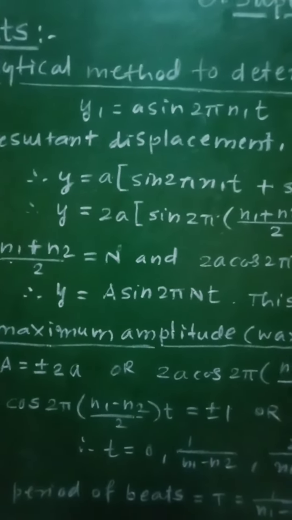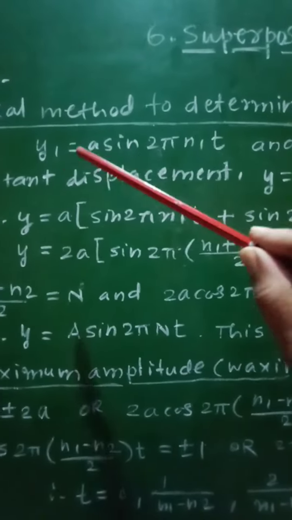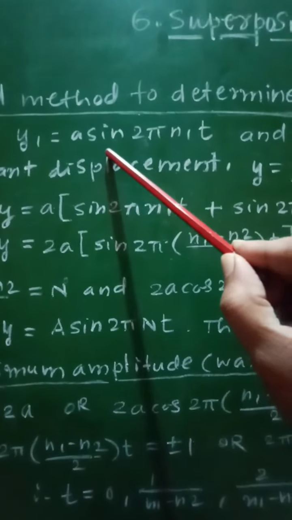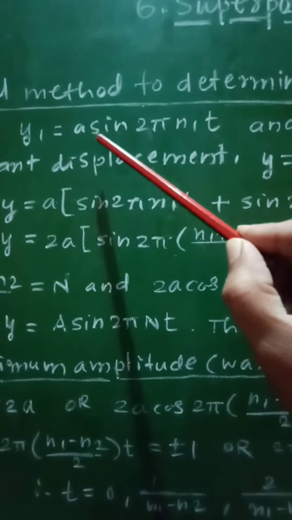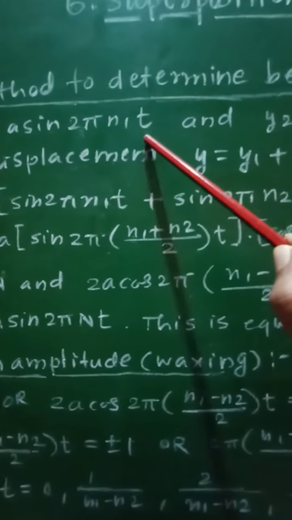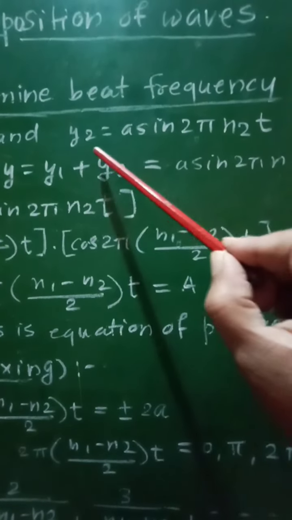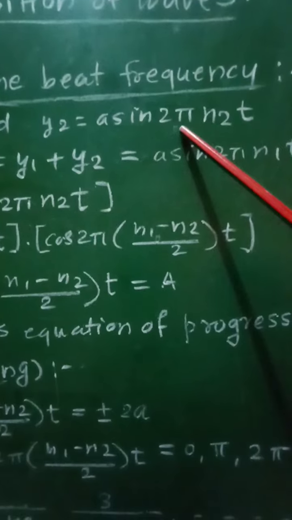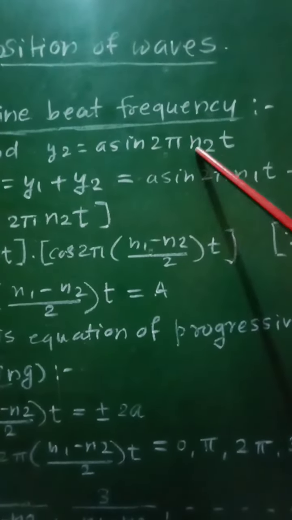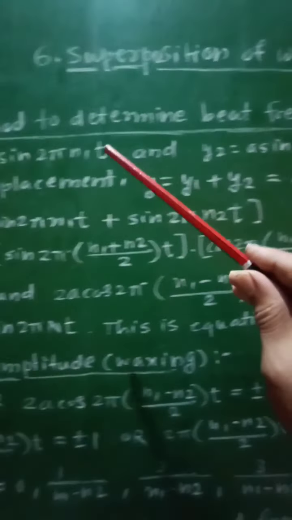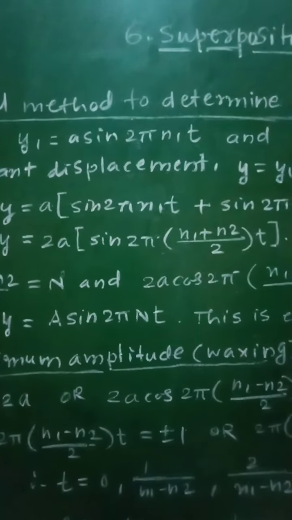Before superposition, the individual waves are given as: displacement of the first wave y1 is equal to a sin 2 pi n1 t, and the second sound wave has displacement y2 equal to a sin 2 pi n2 t. So these are the two displacements of the two sound waves before superposition.